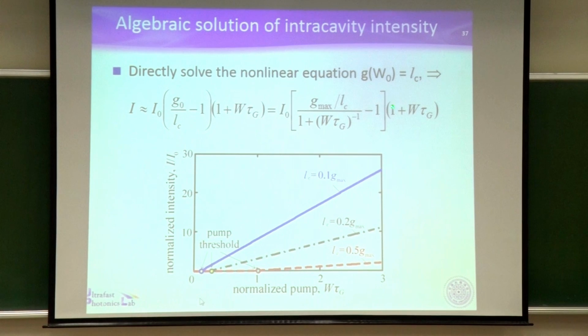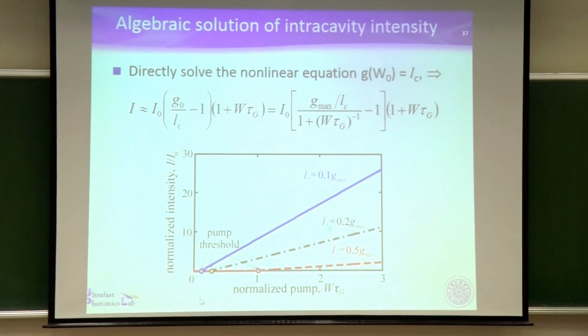According to this formula, you got a negative number, which is impossible. So you just set the output equal to 0. No lasing. Okay? But if the pump rate is greater than the threshold, your light intensity increases with the pump, which is reasonable. And even interestingly, the relation is roughly linear.